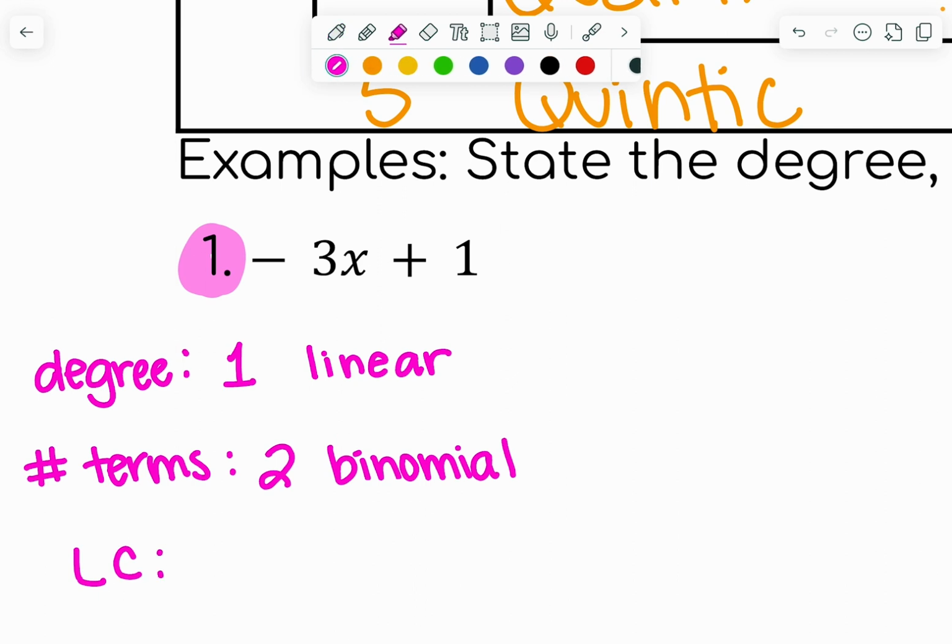That is the number that is in front of wherever we got our degree from. So that would be this -3 here. It's not just the number, it's also the sign that goes with it. So since there's a negative in front of that 3, we say -3 is the leading coefficient.